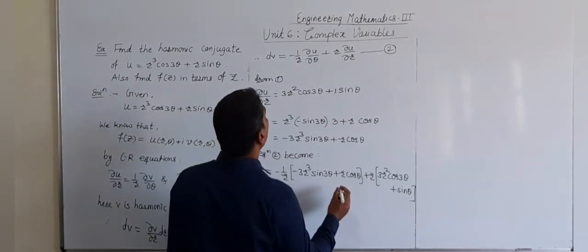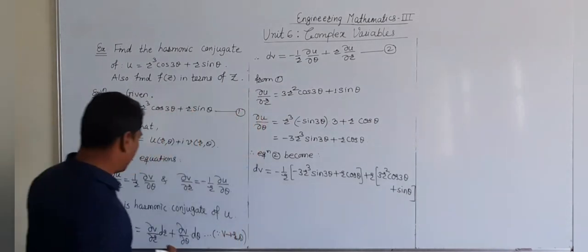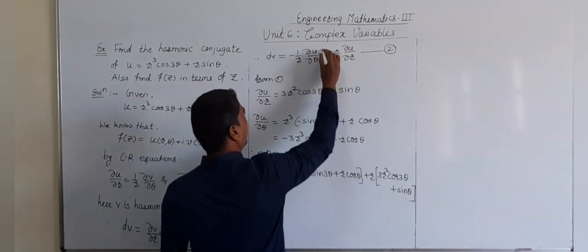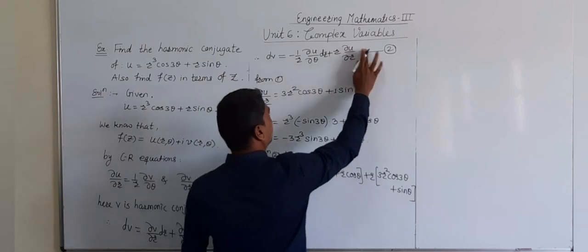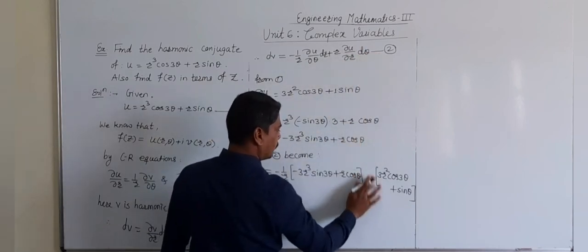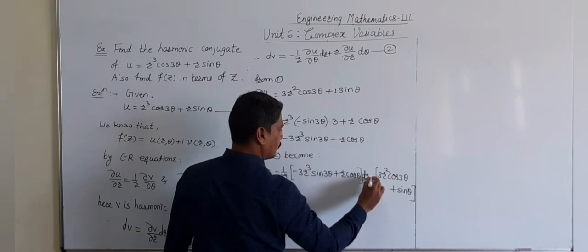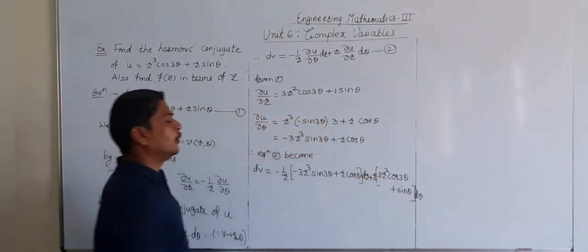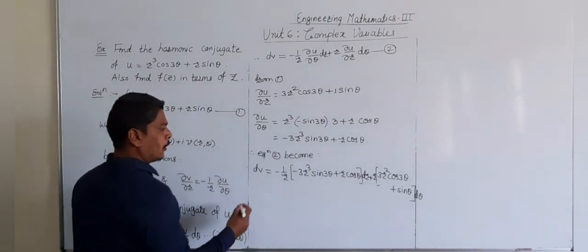What is remaining? This dr and dθ is remaining. So here is dr, right? Don't forget this. So here is dθ, plus r into the bracket of this function into dθ. And now simplify this.